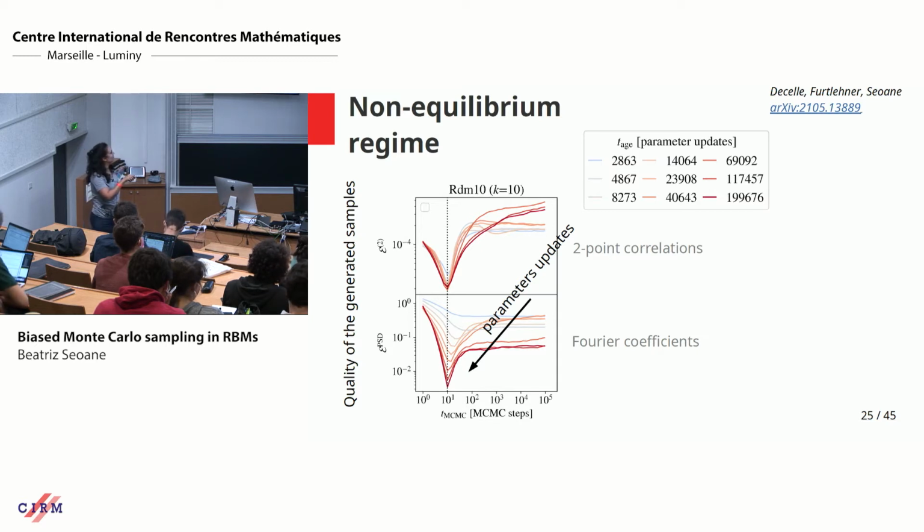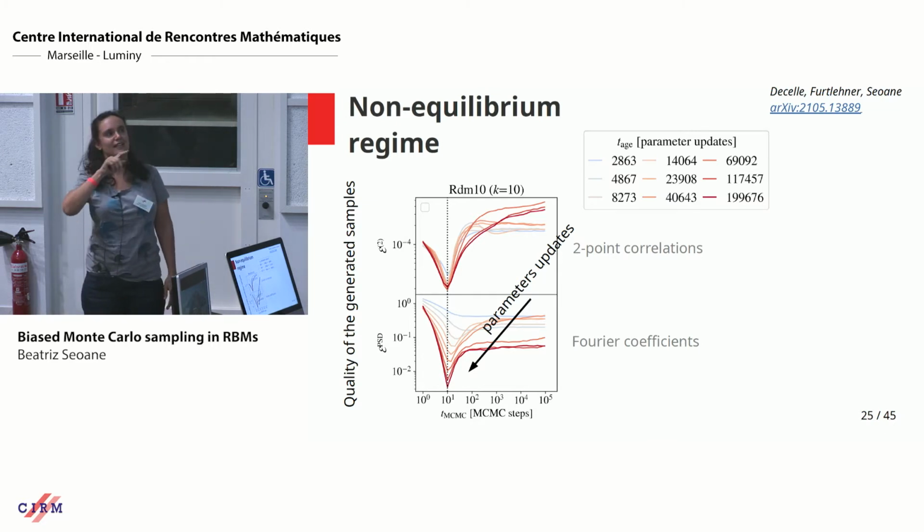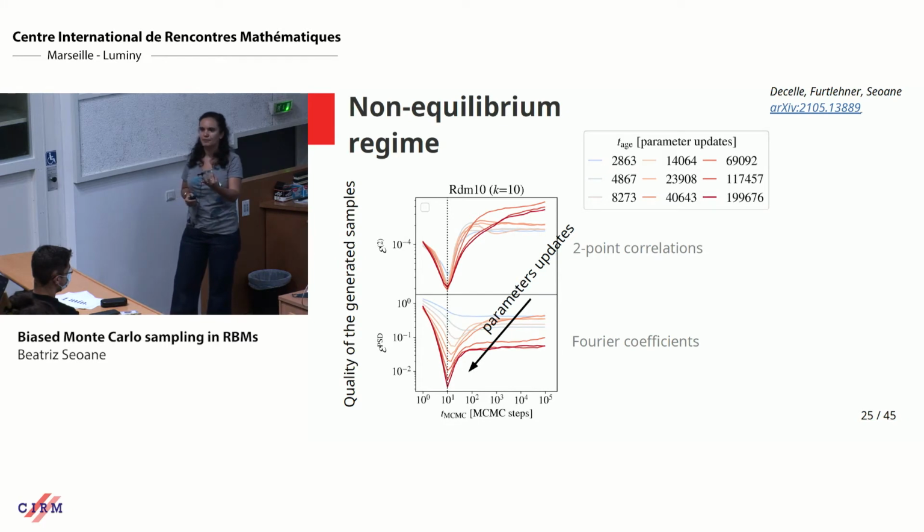Or here we can compute the power spectrum density with the Fourier transform. What we see, the different colors is how many updates we did in the machine, but for my speed right now, it's not very important at that point. But what we see, which is interesting, is that we get a peak of very good quality at a certain moment at 10 steps of sampling.